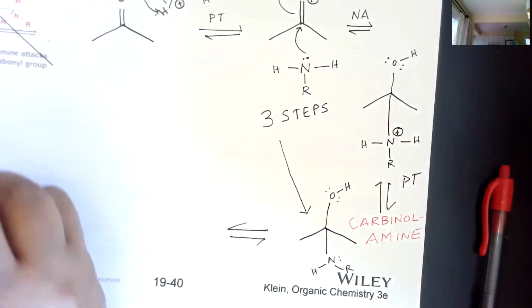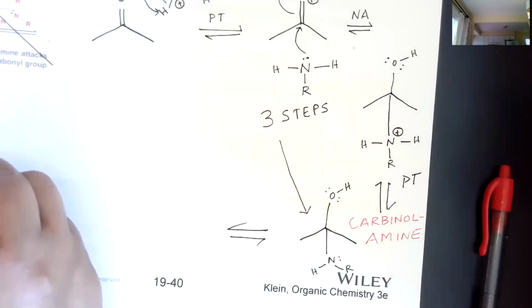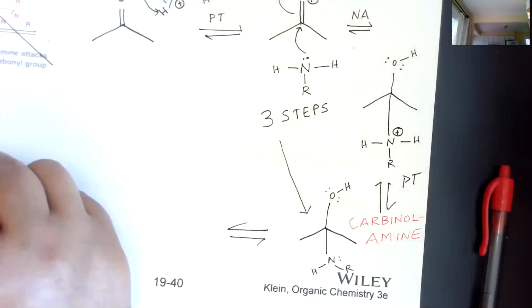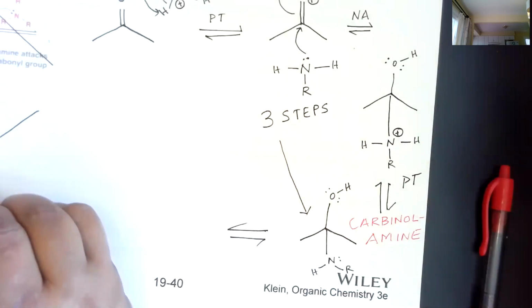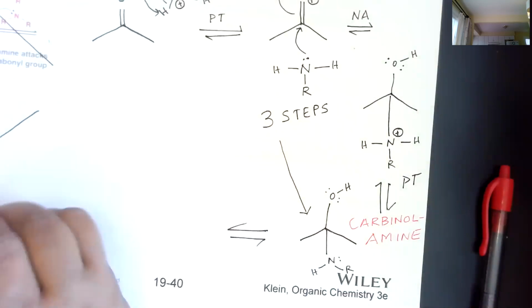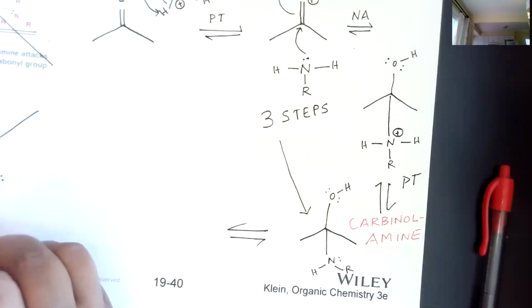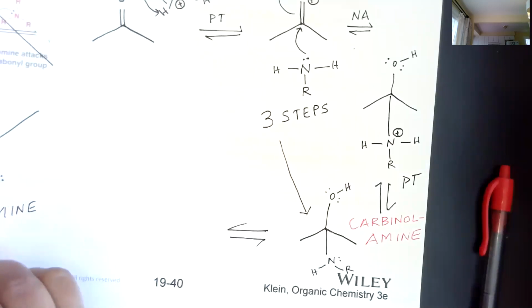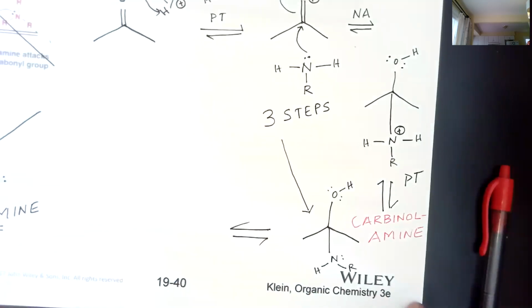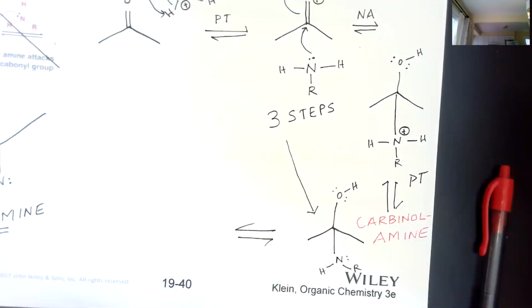Now let me draw the final structure. This is your imine. Why is it an imine? Because of the double bond.